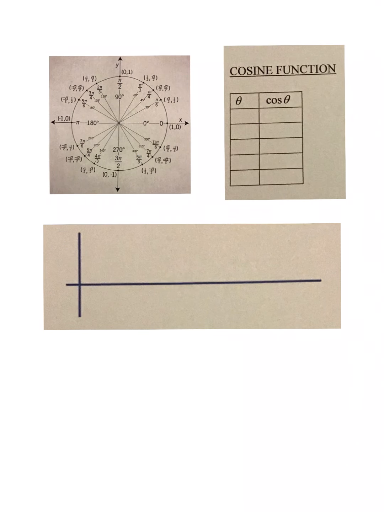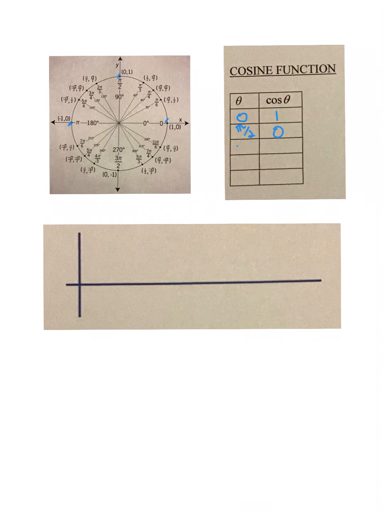Now we're going to look at the basic graph for the cosine function. The cosine function, starting at angle 0, remember cosine is the x-coordinate. When we are at the angle 0, the x-coordinate is 1. At the angle of pi over 2, the x-coordinate is 0.